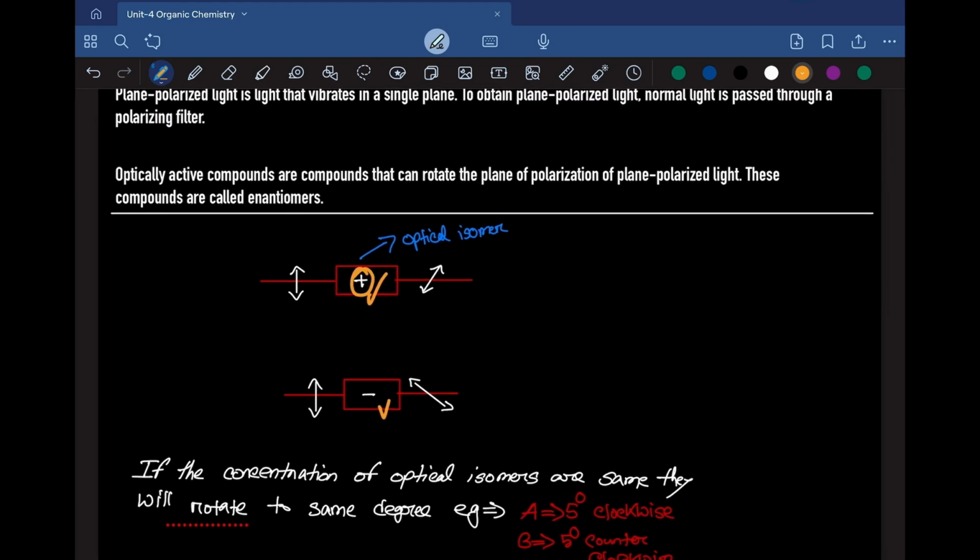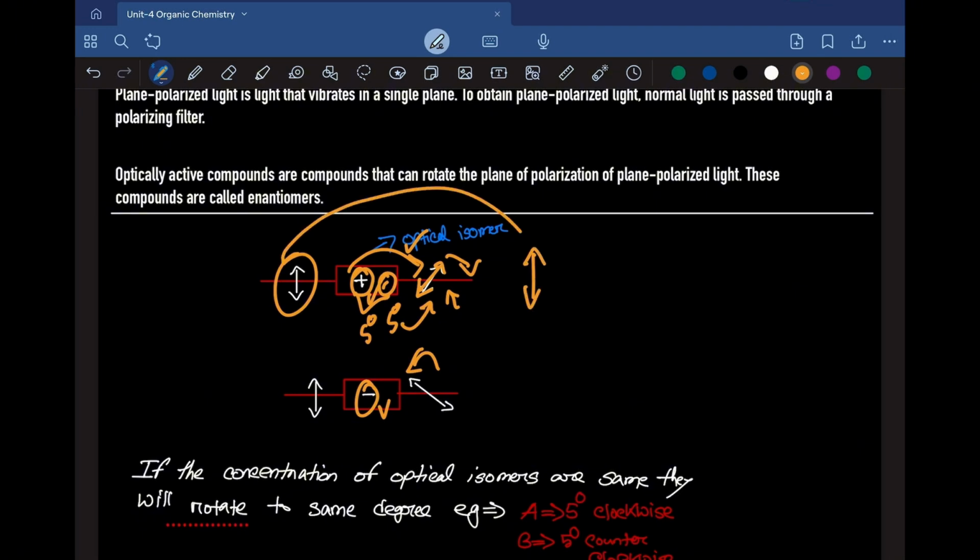Here it was completely positive. That's why it rotated the plane of polarization of the plane polarized light in the clockwise direction, right? And it was negative. That's why it rotated in the counterclockwise direction. But if this optical isomer was both the positive and negative enantiomer of the same concentration, 5 degrees, both of them 5 degrees, then one would have rotated in the clockwise direction and the other in the counterclockwise direction.